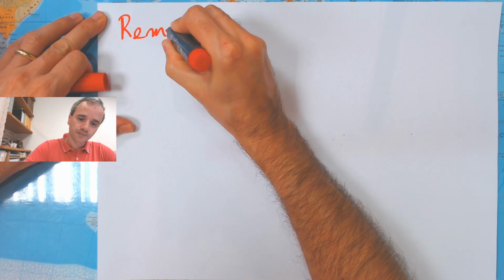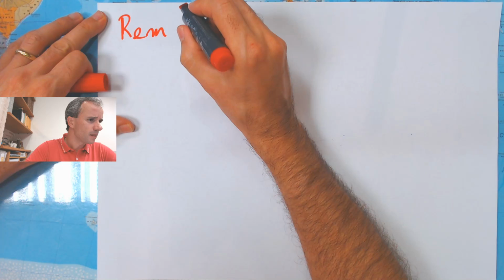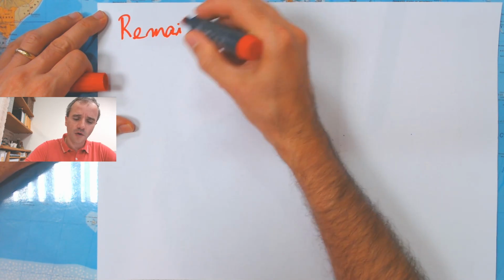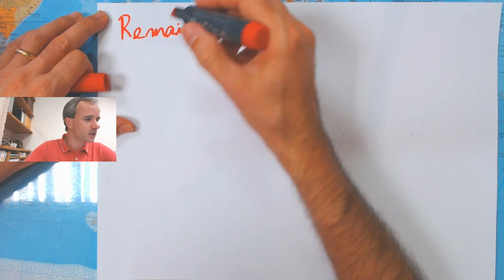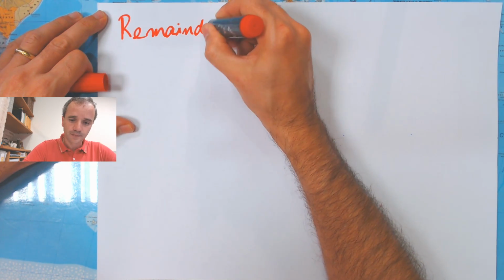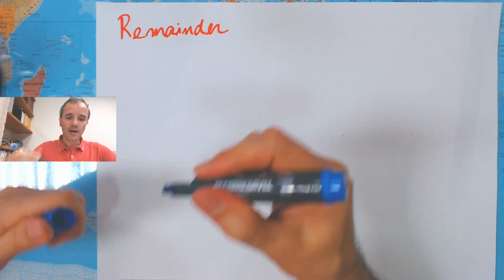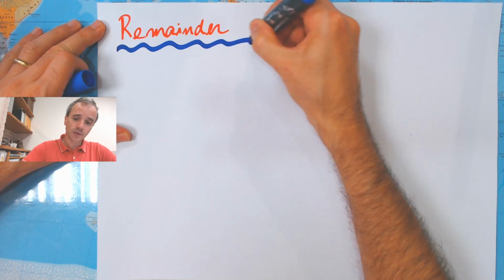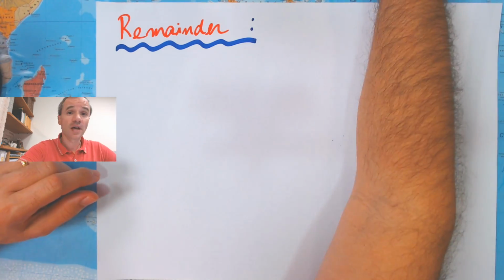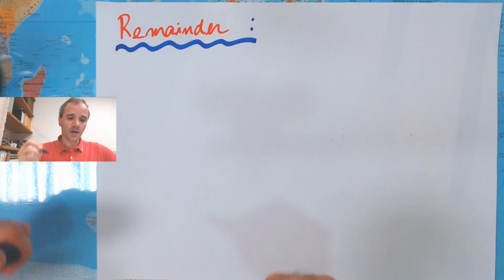What's the remainder? So the remainder might represent an integer, or a decimal like a tenth, a hundredth, or a thousandth, or whatever. Let's start with a simple case.